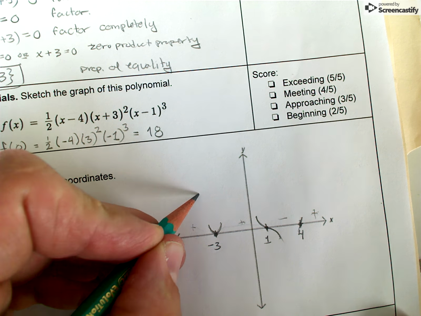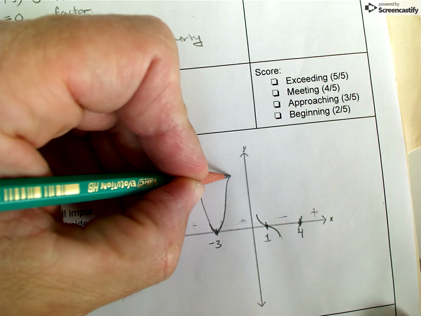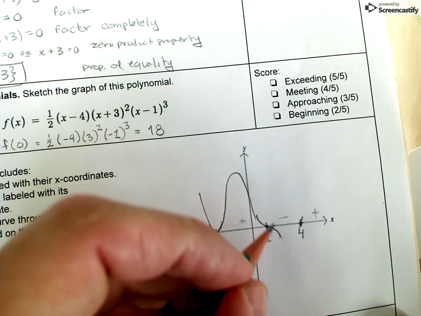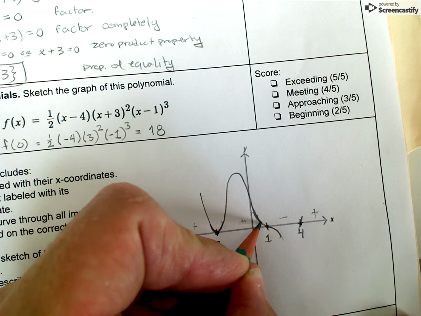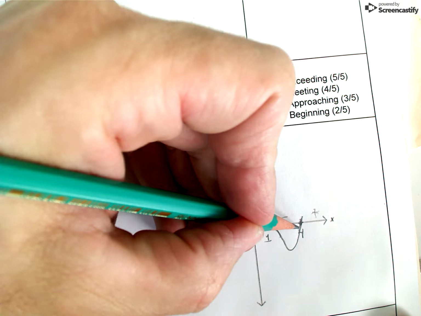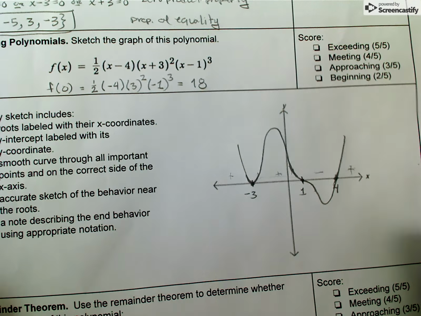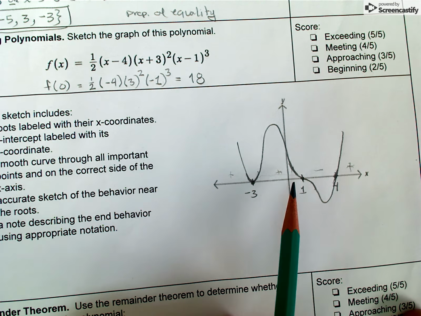So now I can connect all of these like this. I'm going to come down, I'm going to go up, and then come down and meet up with my cubic. And then I'm just going to dip down and come back up like this. And there, that's a great looking graph.